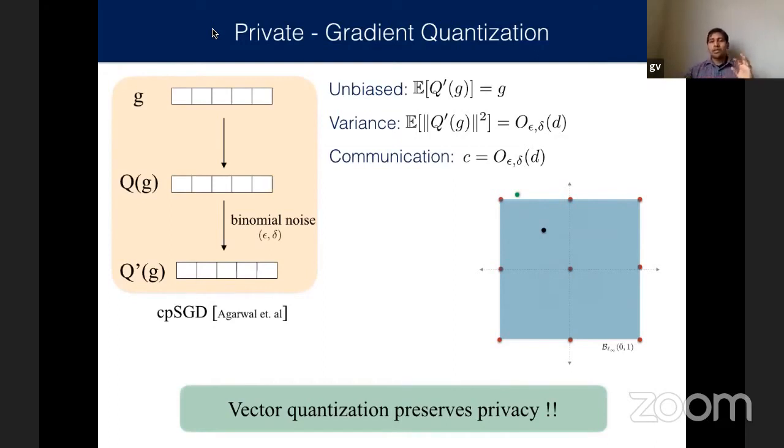However, the communication is still large. You need at least D bits of communication here to get an unbiased estimate of the gradient, and the variance is about D. What we show is that using certain point sets, the vector quantization directly gives you privacy, so you don't really need to add further noise to the quantized gradients.